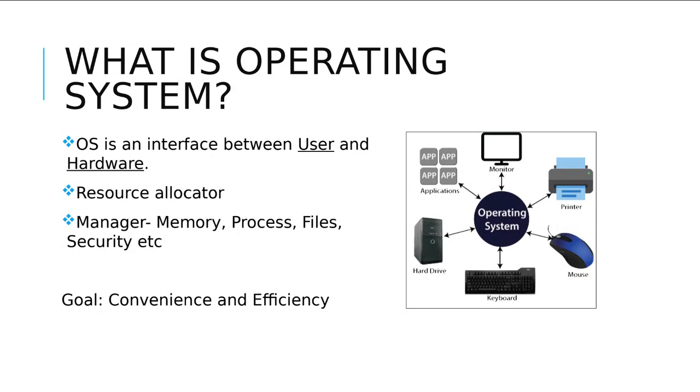So what will happen? Let's say I need to execute one program. For that, I need to first access that hardware, let's say the processor. Your processor is there. I need to execute something on that processor.